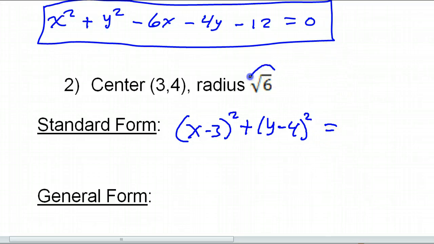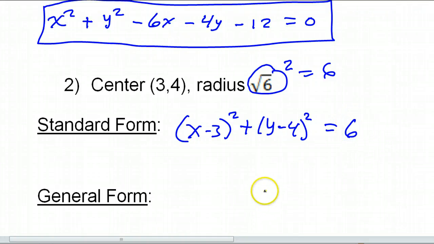Do you guys remember that right here, we need the radius squared. The radius is square root of 6. If we take the square root of 6 and we square that, that's just going to give us 6. Because we're squaring the radius, we're just going to have 6. So that is the standard form of this equation. Any questions right there? Did I lose anyone just then?